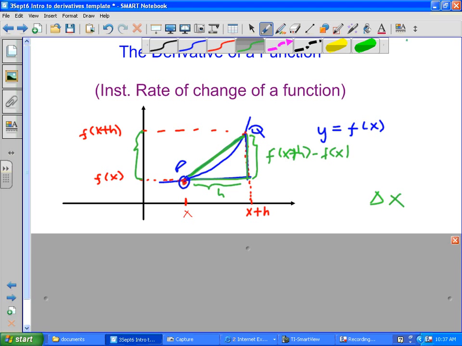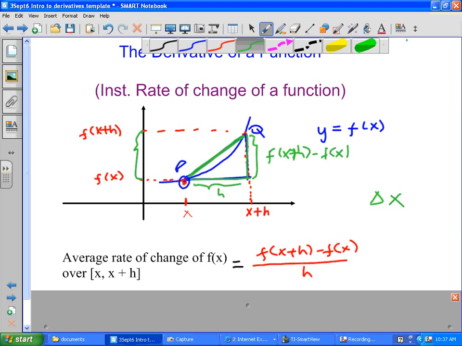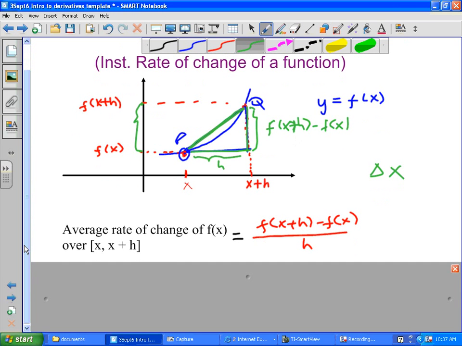Okay, so that means rise over run will be the ratio, f(x+h) minus f(x) all over h, right? And what do I need to do to this to get the velocity or instantaneous rate of change at P? I've got to take the limit of this as what goes to where?